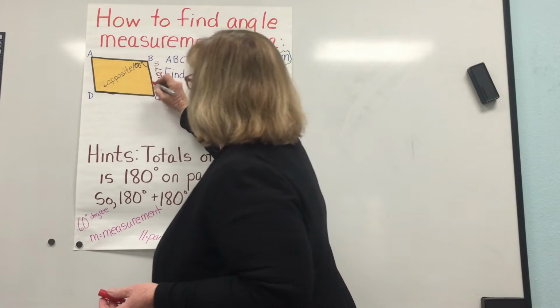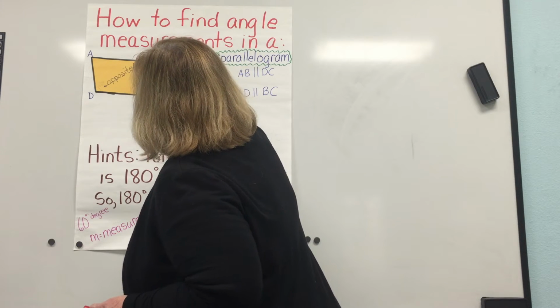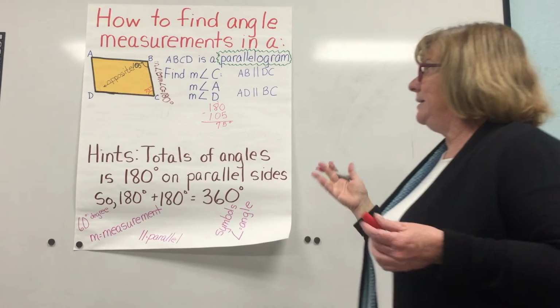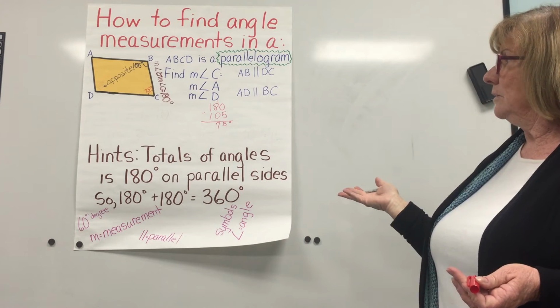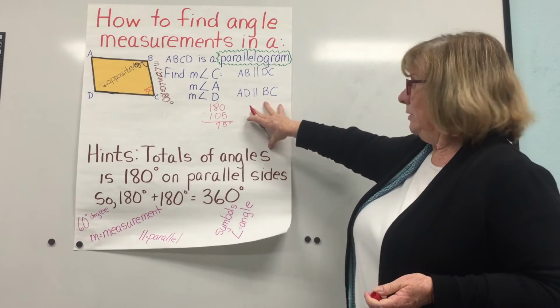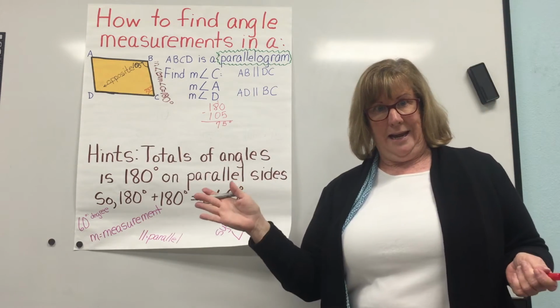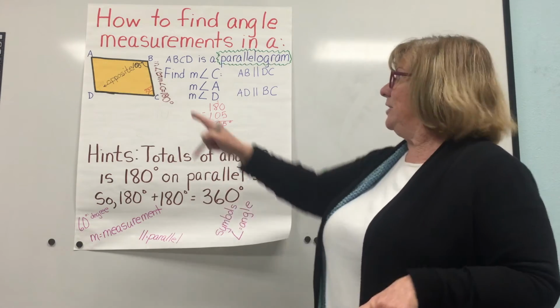75 plus 105, you can check your math, is equal to 180 degrees. Okay? The other thing in a parallelogram is what we call opposite angles. So look at this figure.